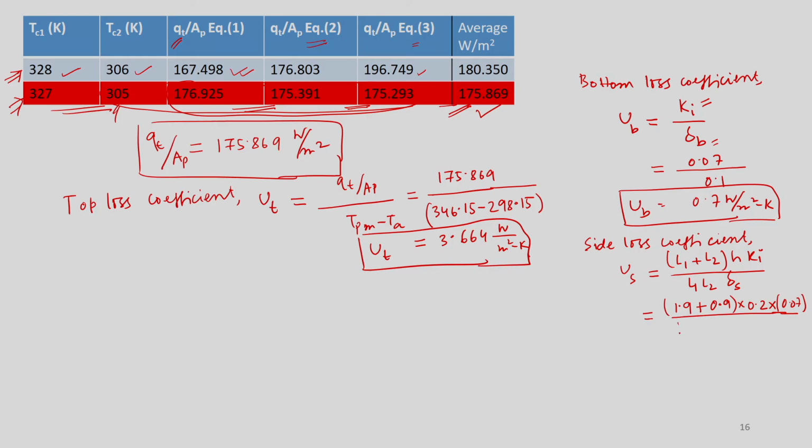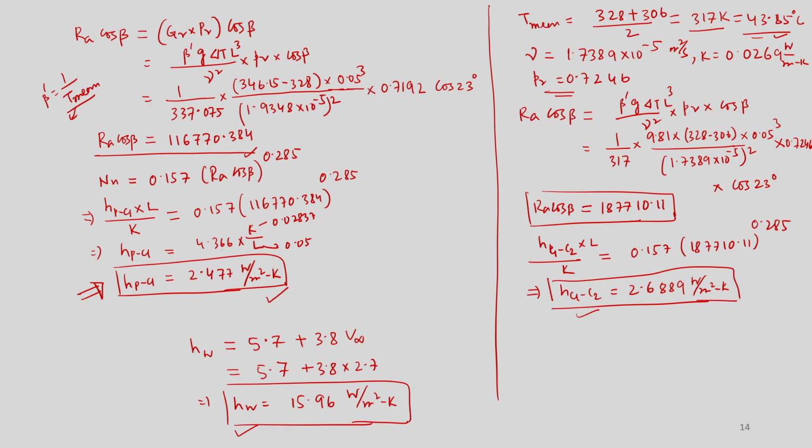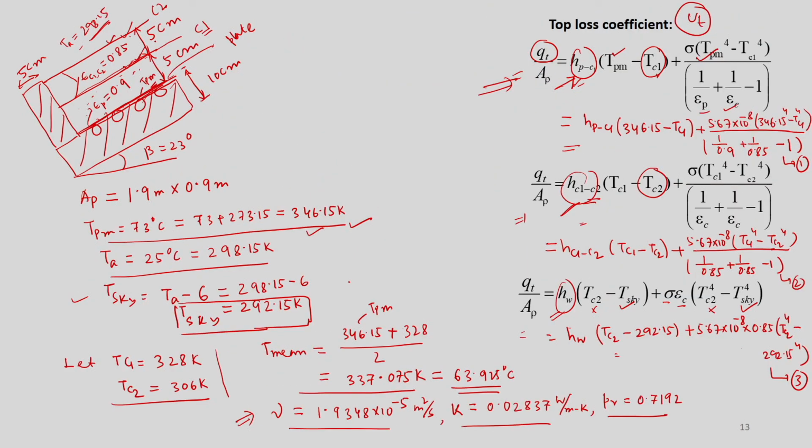And then L1 is 1.9 multiplied by 0.9 into delta S, which is given as 0.05, the side thickness. So, what is the height here? I will go back here to get this height. So, this is 5 centimeter, this is 5 centimeter and this is 10 centimeter. So, 5 plus 5 plus 10 becomes 20 centimeter. Okay. So, 20 centimeter means 0.2 meter. That is the height of the collector. Okay. So, this is nothing but the H.